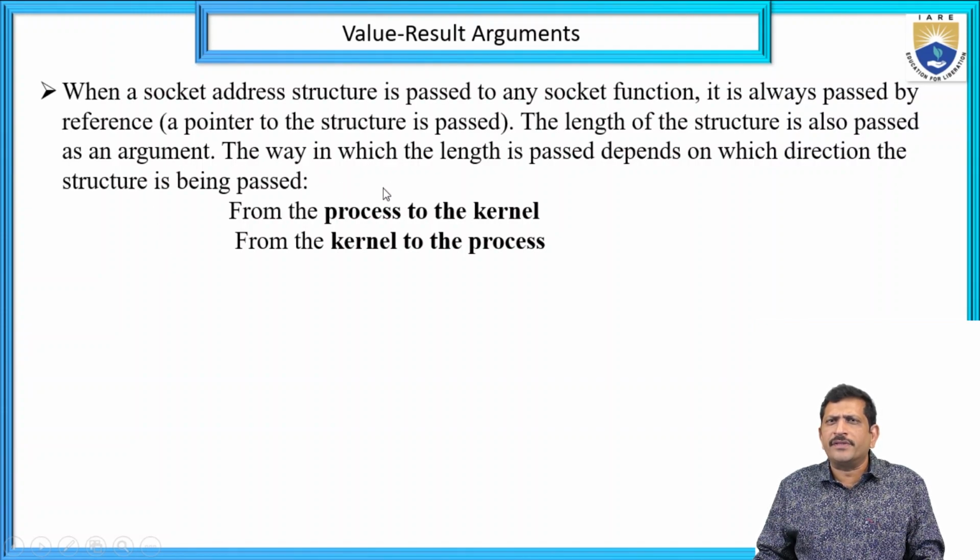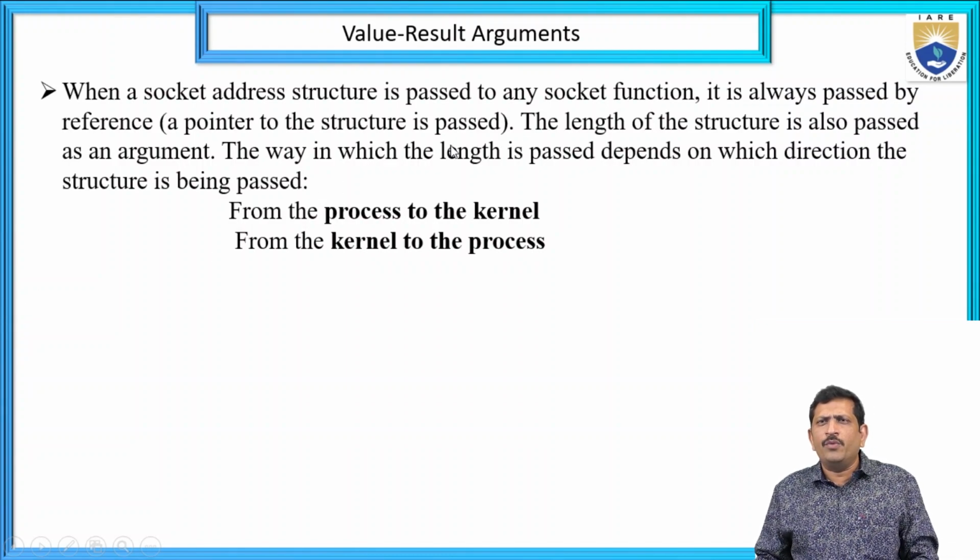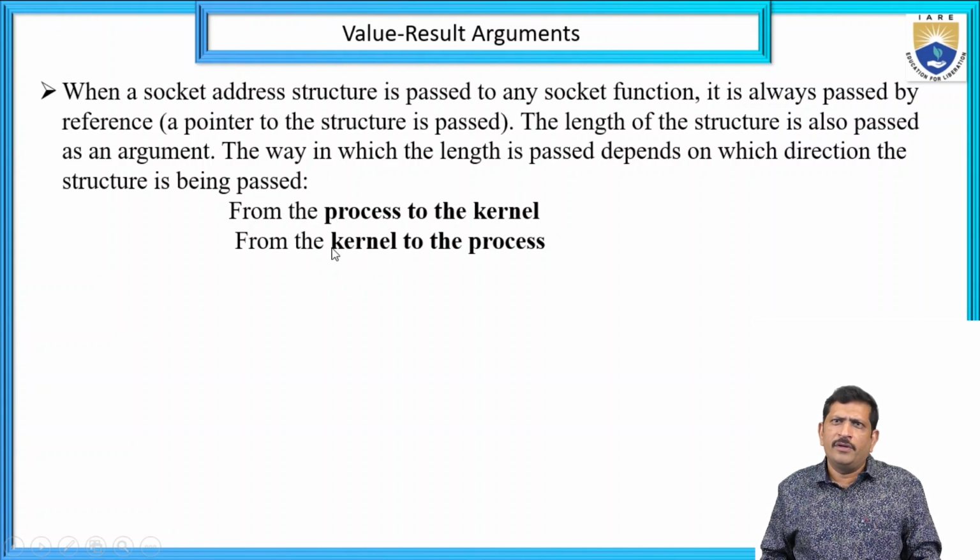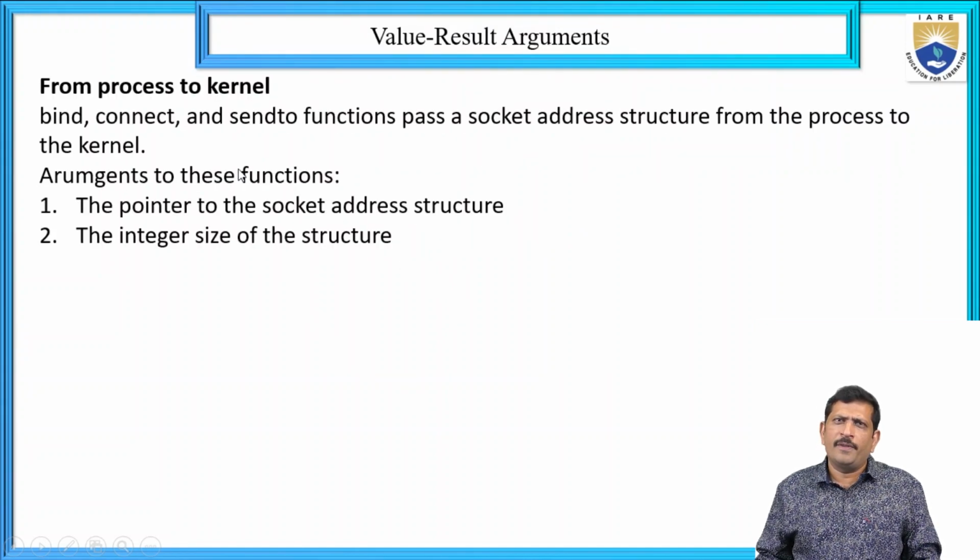The way in which the length is passed depends on which direction the structure is being passed: from the process to the kernel, that is the operating system, and from the kernel to the process.